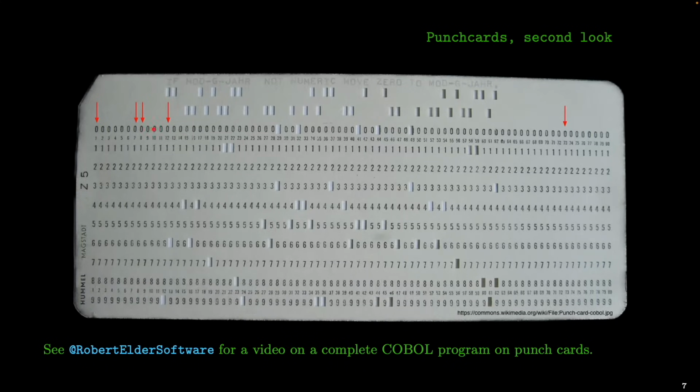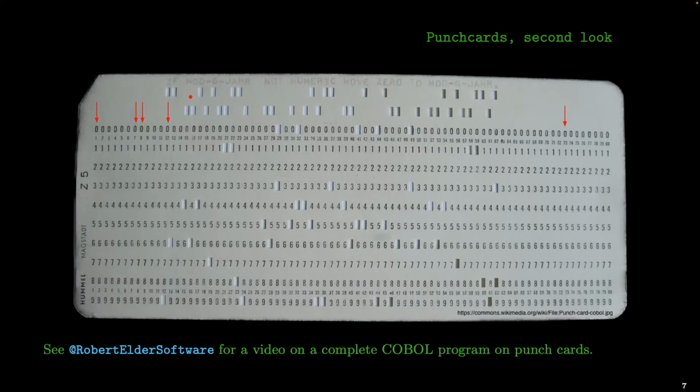Then we have area A. If you look at the instruction here, this is just an ordinary instruction from the program logic, so it's not a header of some section. This area is also left blank, and we actually start at the beginning of area B with our COBOL instruction here.